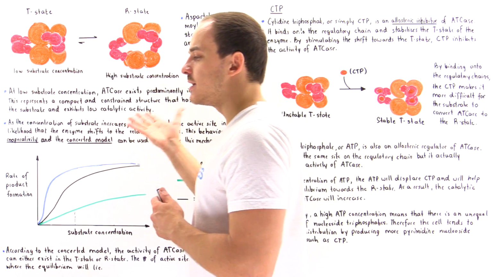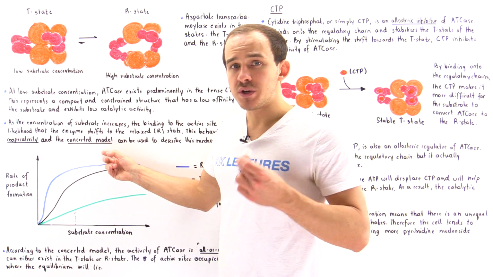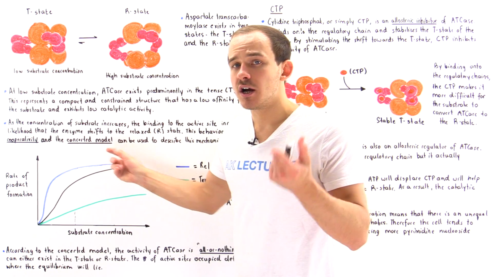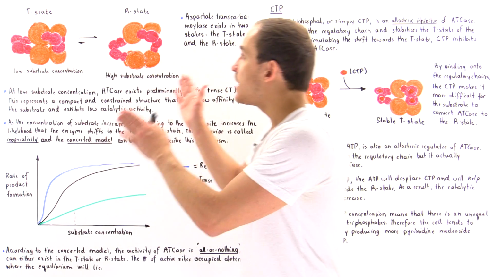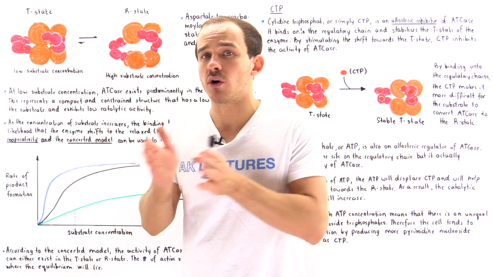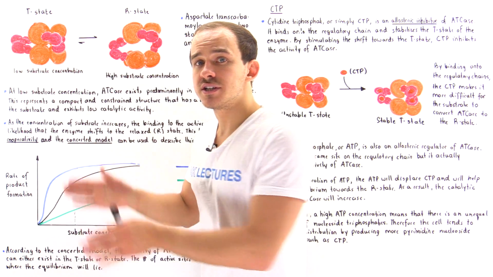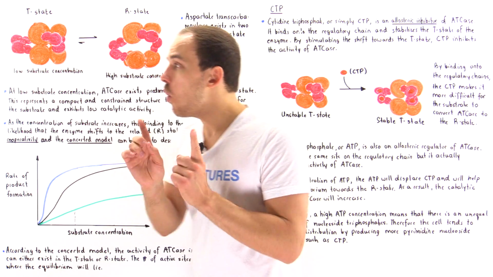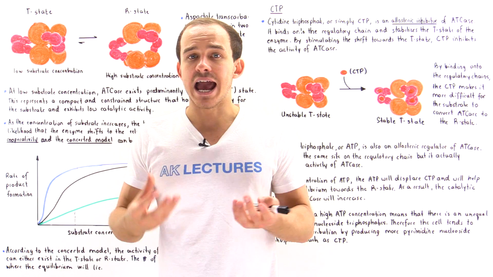And this mechanism can be described by using the concerted model, which we actually use to describe the behavior of hemoglobin molecules. So based on this model, the activity of this aspartate transcarbamylase is all or nothing. It either exists in the T state, in which this enzyme is inactive, or it exists in the R state, in which the enzyme is fully active.